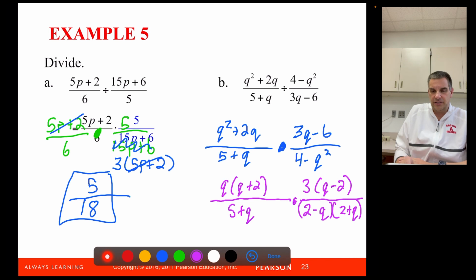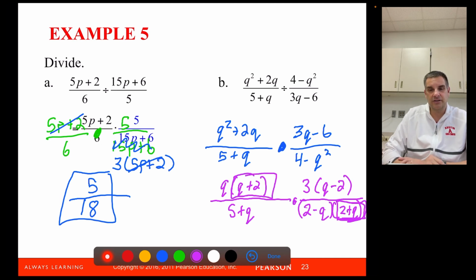Now you'll notice, see if we can cancel anything out. You'll notice that this q minus 2 and 2 minus q, they're opposites of each other. So really this can become -1. And you'll also notice that these are opposites of each other. So this can become -1 as well, and those will cross each other out.